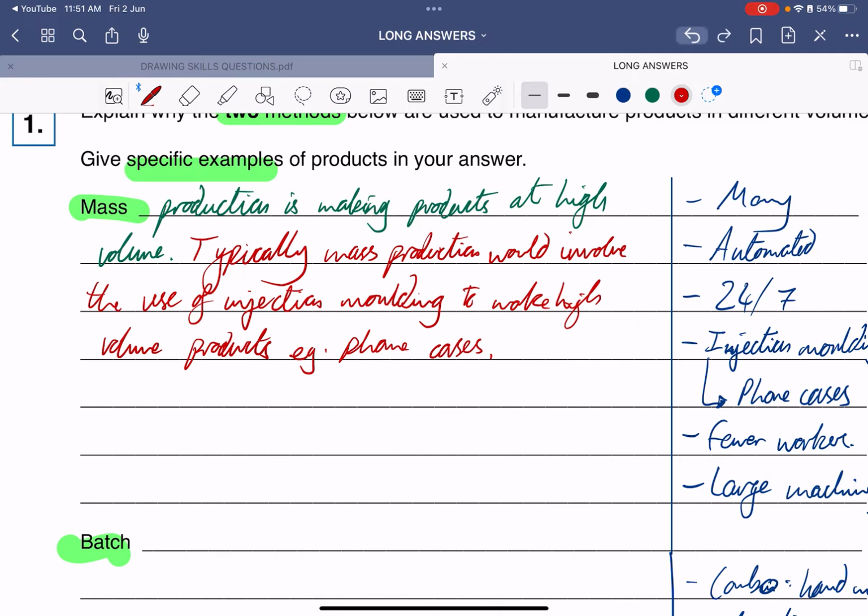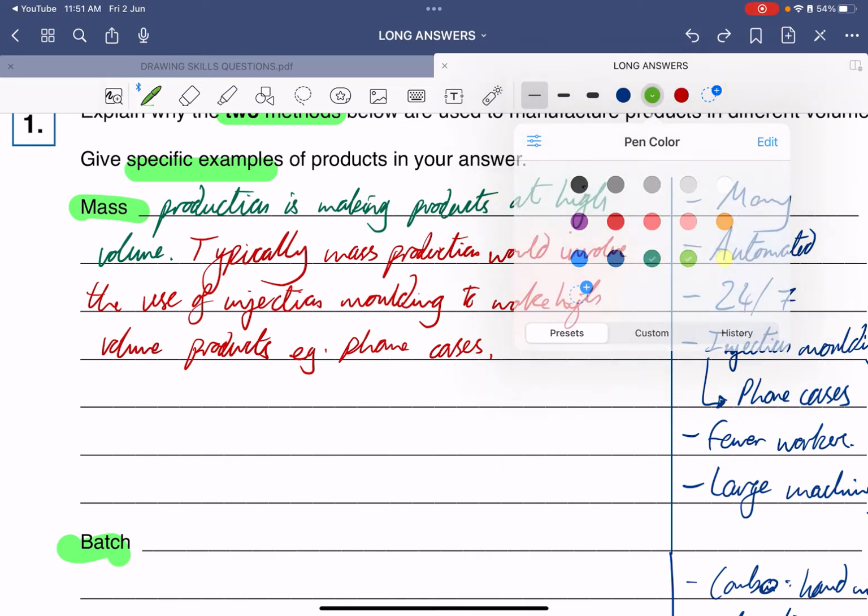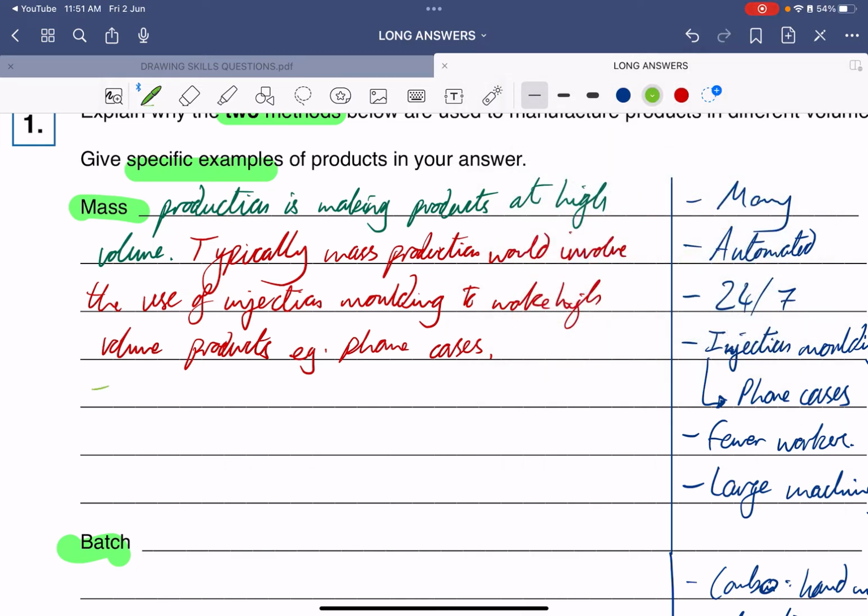Advantages. It's actually good to give advantages and disadvantages with things like this. It's always good to just show off, like give them a little bit more than what they're asking for. So advantages are continuous production and also low product costs. So because you're making so many, you can sell the products quite cheaply.